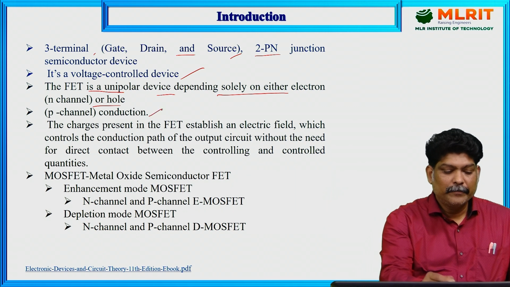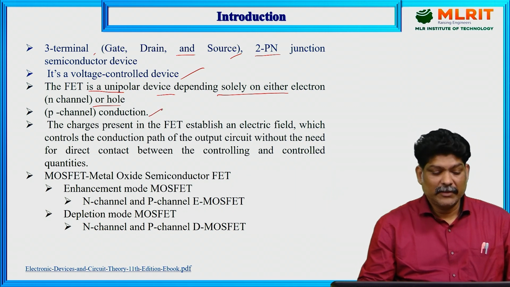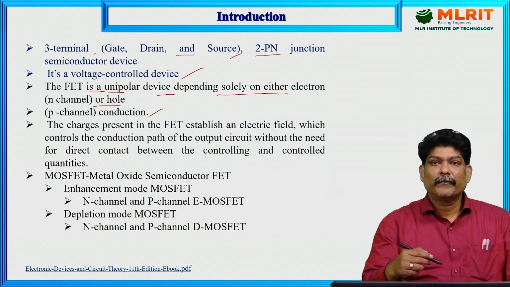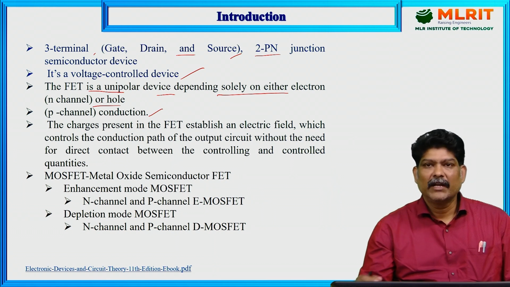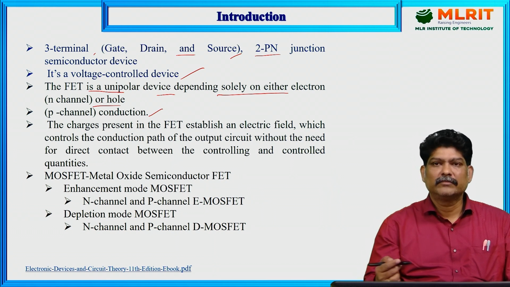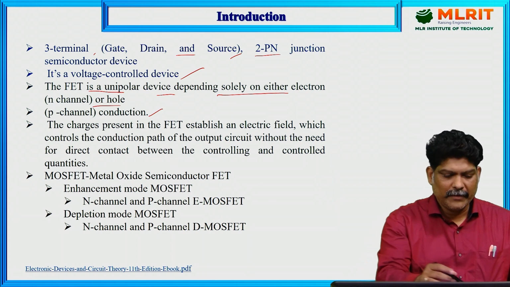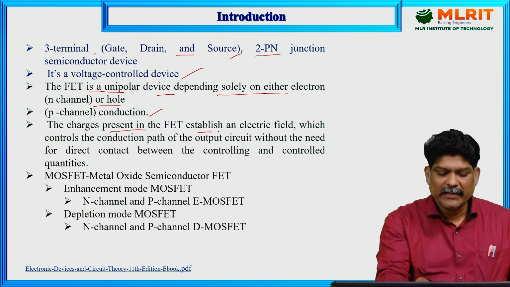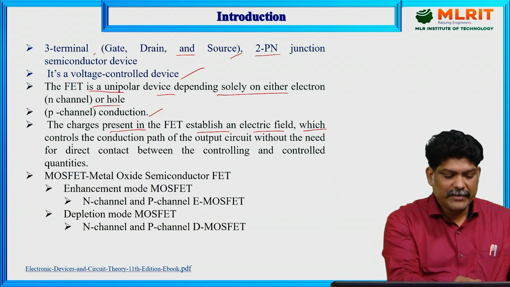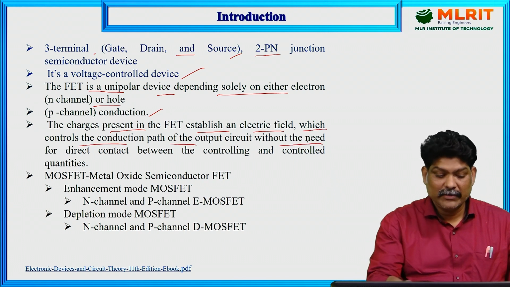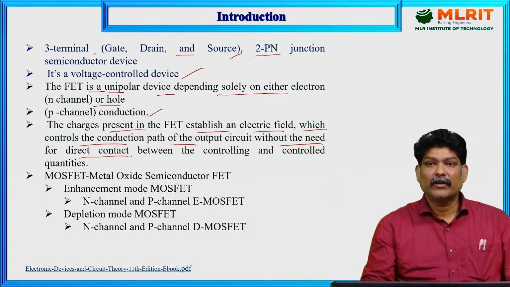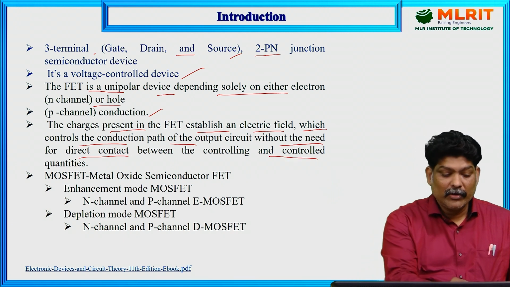Here, for P-channel conduction, if the channel is P-type material, the conduction is due to holes, and we call it a P-channel FET. The charges present in the FET establish an electric field which controls the conduction path of the output circuit without the need of direct contact between controlling and controlled quantities.